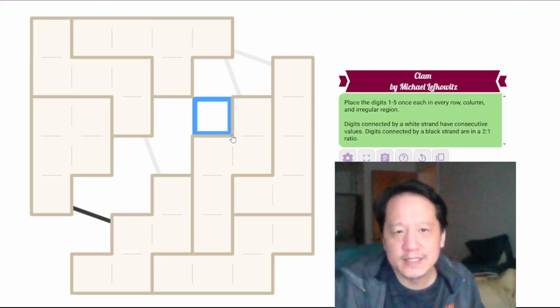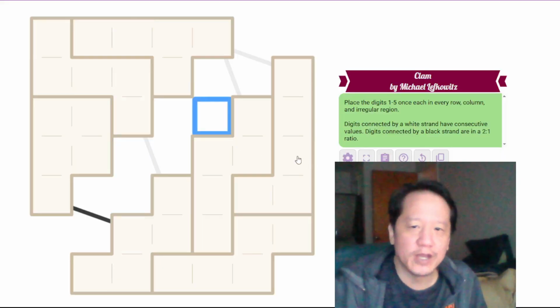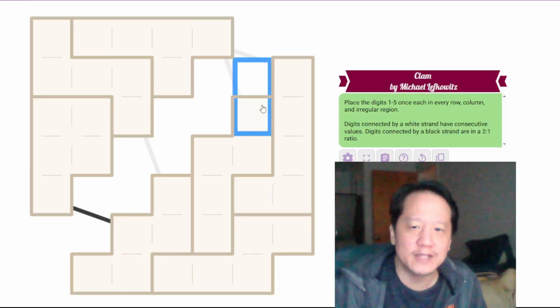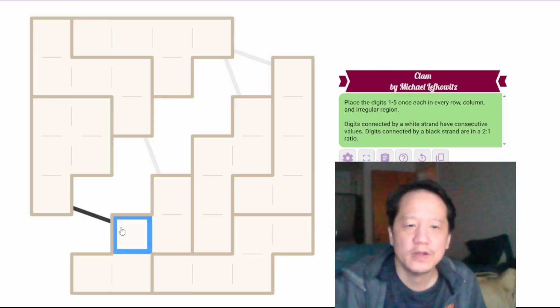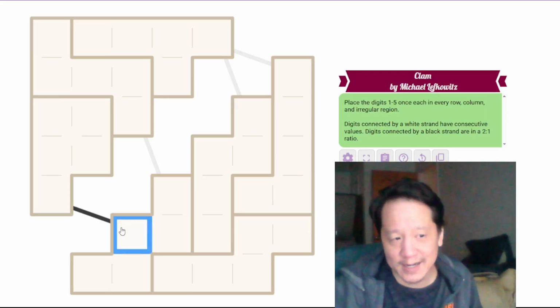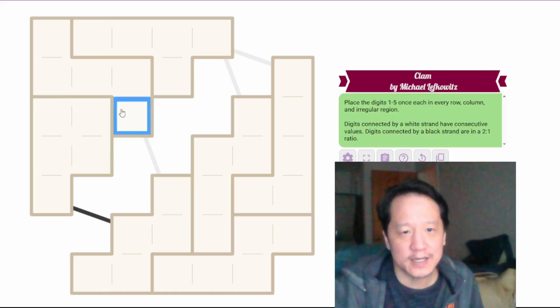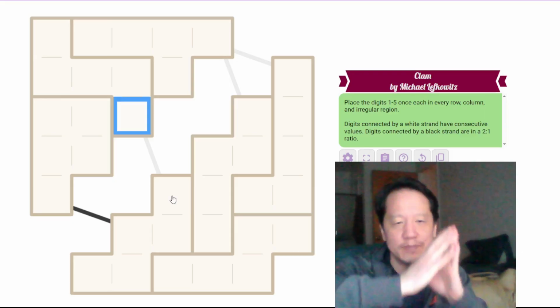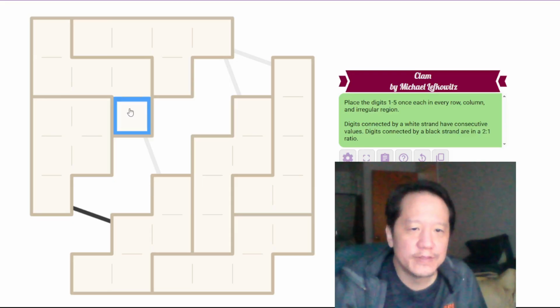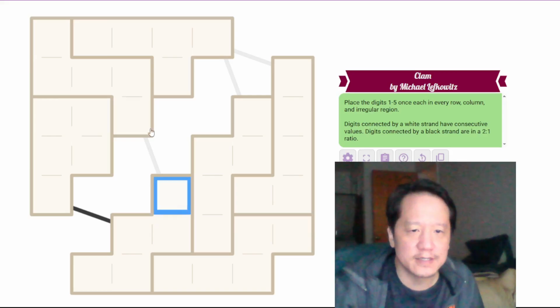Anyways, let's get to the other rules. Digits connected by the white strand have consecutive values, and digits connected by a black strand are in a 1:2 ratio. These are equivalent to dots, but since these are not connected as a clam closing up or opening up, we have the strands to connect these cells.